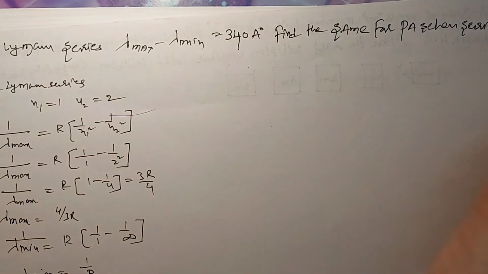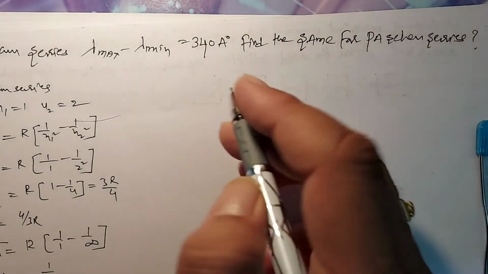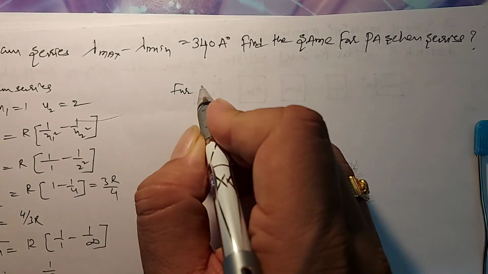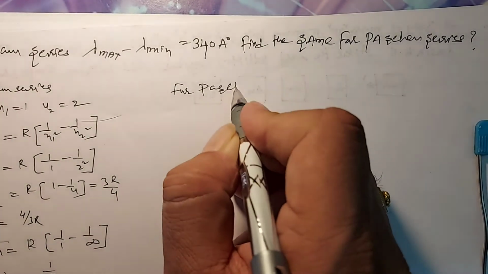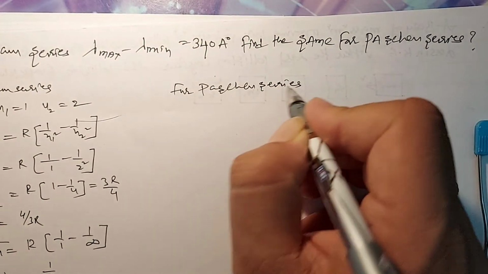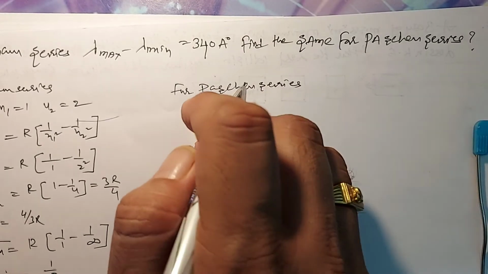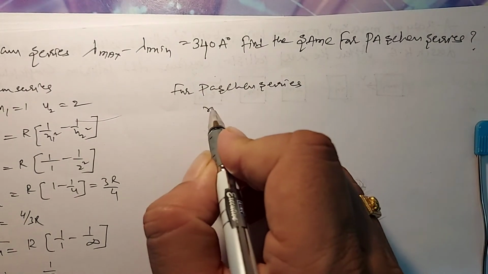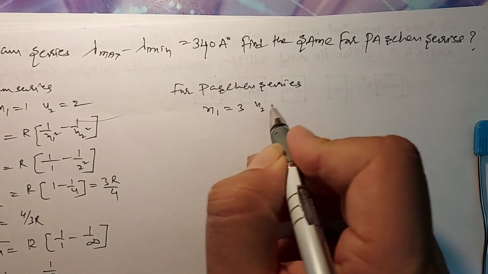So for the Paschen series, when the electron jumps into the third orbit from the fourth orbit, Paschen series lines are formed. That is n1 is equal to 3, n2 is equal to 4.